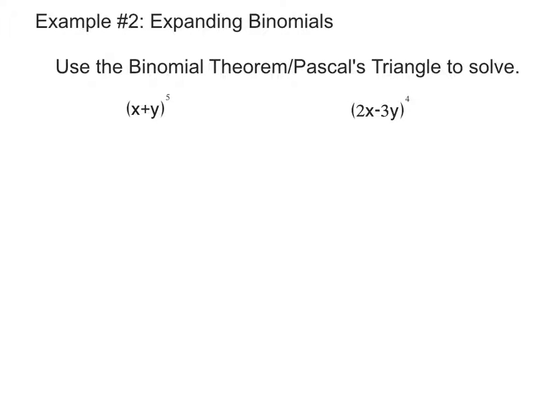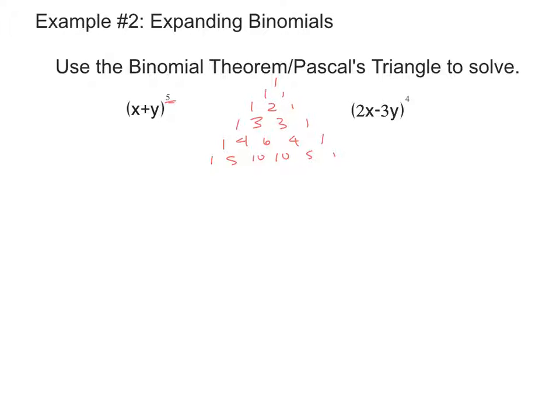All right, so it says use the binomial theorem or Pascal's triangle to solve. In the first one, I have x plus y to the 5th power. So what this means, if you remember from when we did Pascal's triangle, is that it's the 5th row. So if I do my Pascal's triangle in the center, that'd be 1, 1, 1, 1, 2, 1, 1, 3, 3, 1, 1, 4, 6, 4, 1, 1, 5, 10, 10, 5, 1.